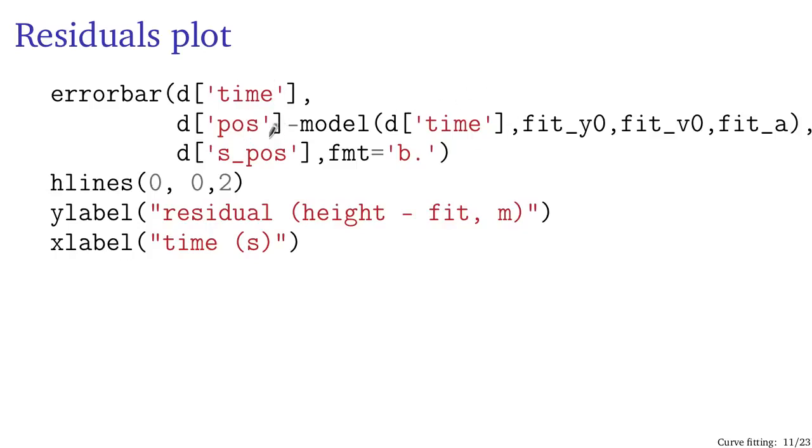So again, x-coordinate, y-coordinate, now with the offset, and the uncertainties, as necessary for the error bar plot. But what we expect now is that our residuals should all average 0. So I'm going to use the hlines command here to plot a horizontal line at y equals 0, ranging from 0 to 2. Those are characteristic times for the system that I was working with here. And then let's label it.